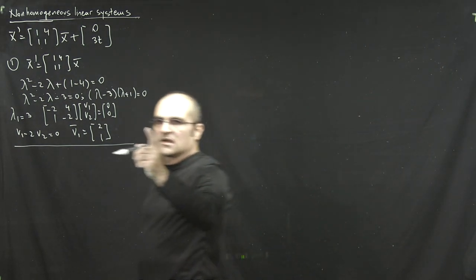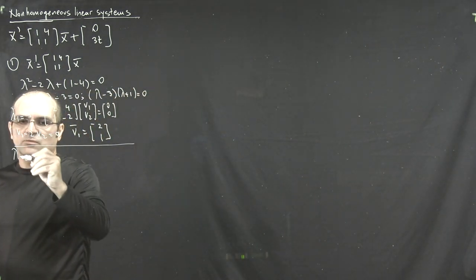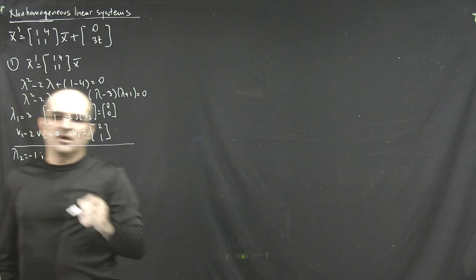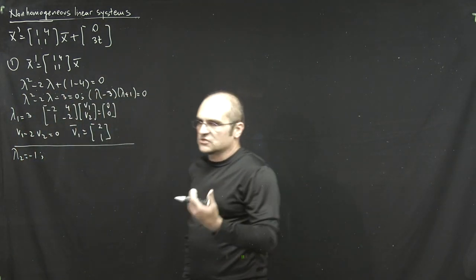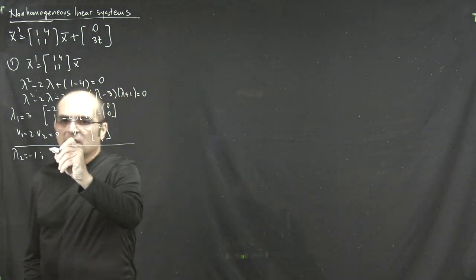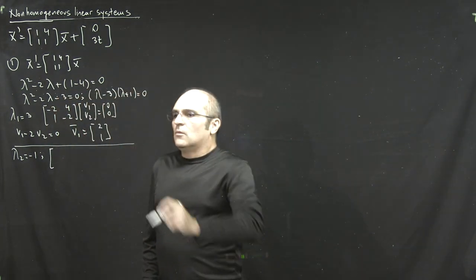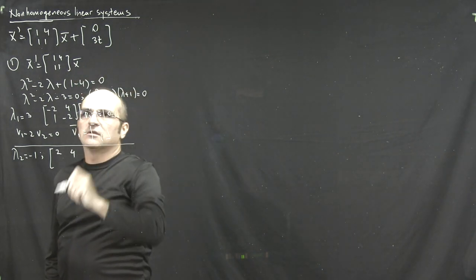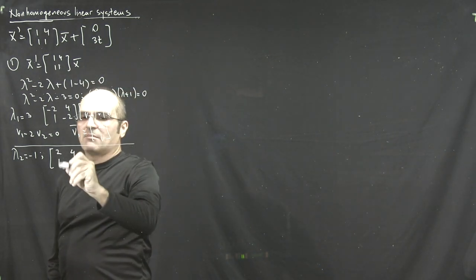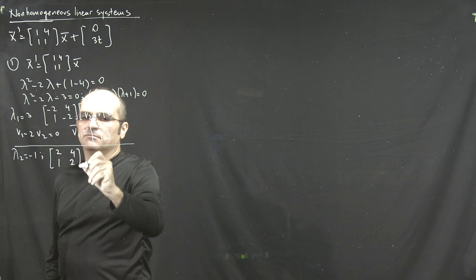Continue with the second eigenvalue, lambda 2 equals minus 1. By the way, pause or try to do this ahead of me, just for practice. When we subtract minus 1, that's 1 minus negative 1, so that's 2 and 4. And then 1 and 2. 1 minus negative 1 is 2.